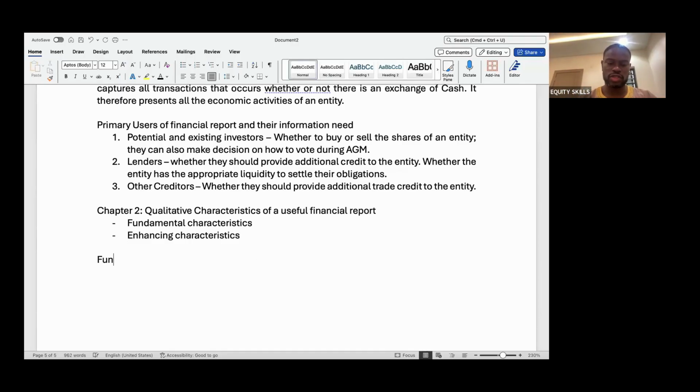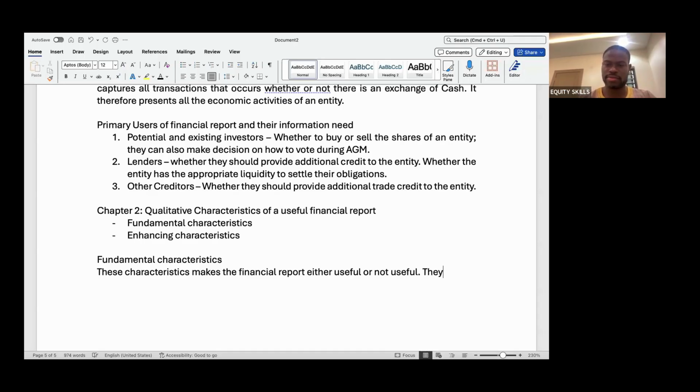And the first one, which is the fundamental characteristics. So these characteristics or attributes make the financial report either useful or not useful.